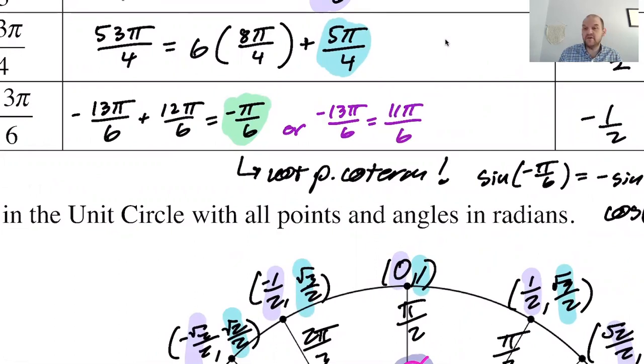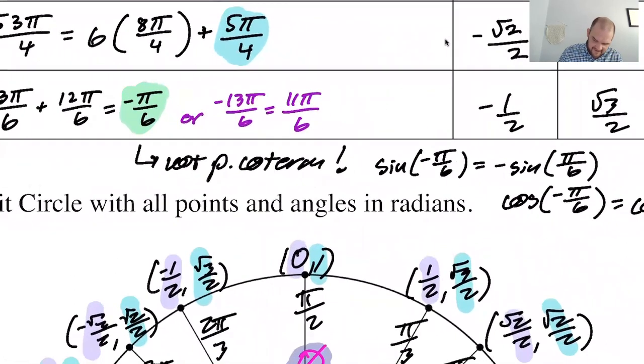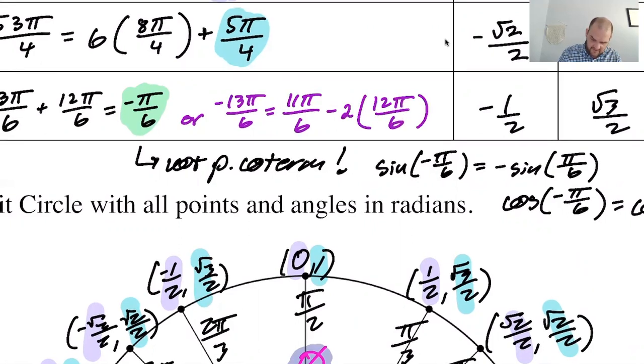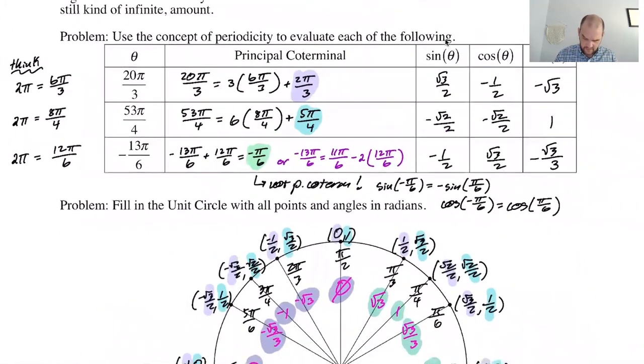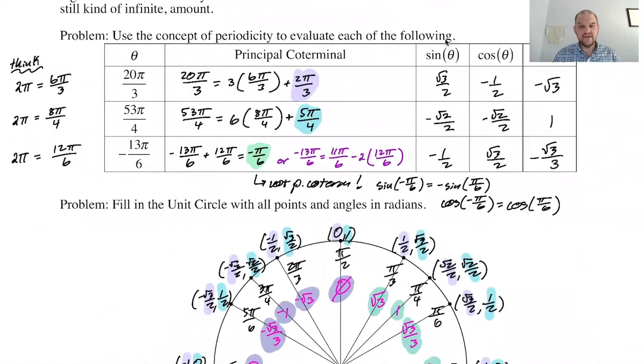This is part of why I don't like this. 11 pi over 6, and then minus 2 times 12 pi over 6. You see how I'm struggling to just justify it even? It shouldn't be a struggle. I'm just having a little trouble articulating this idea. This is what you would need to do, right?